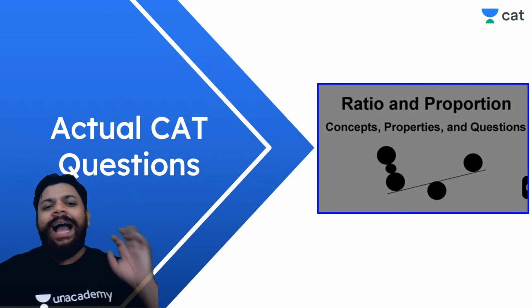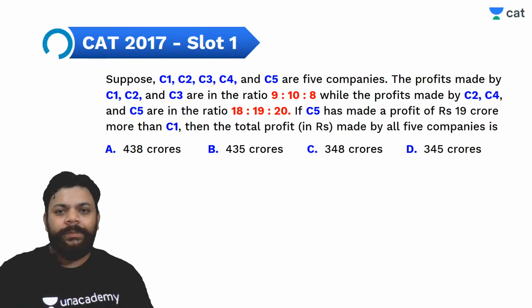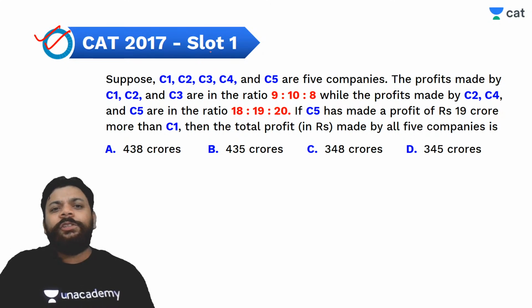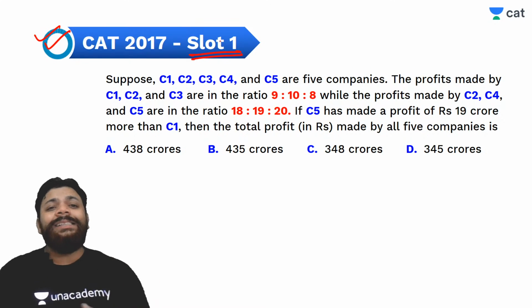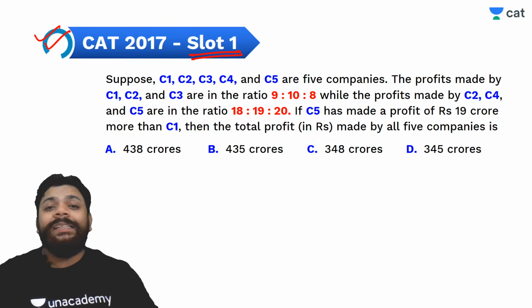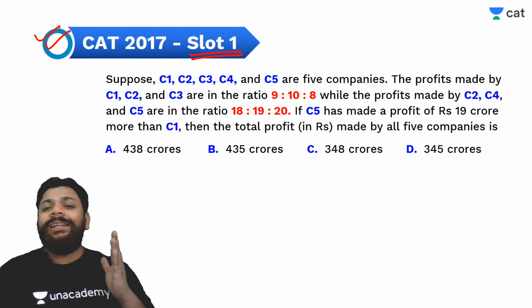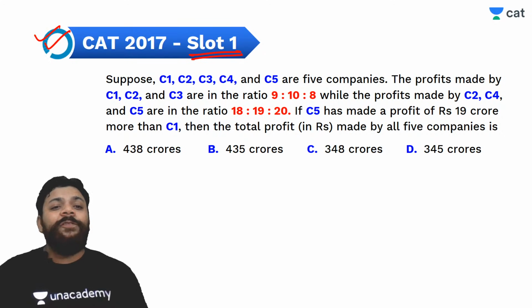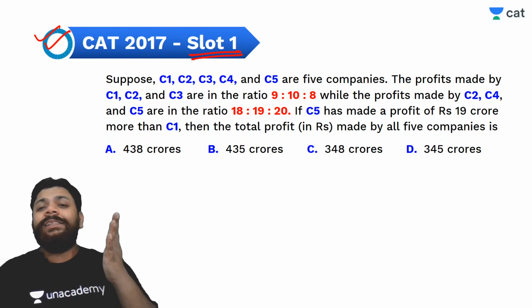So let's start with actual CAT questions. First question is from CAT 17 and this question was asked in slot 1. So the question is like this. Suppose C1, C2, C3, C4, C5 are 5 companies. The profit made by C1, C2, C3 are in the ratio of 9 is to 10 is to 8, while the profits made by C2, C4 and C5 are in the ratio of 18 is to 19 is to 20.